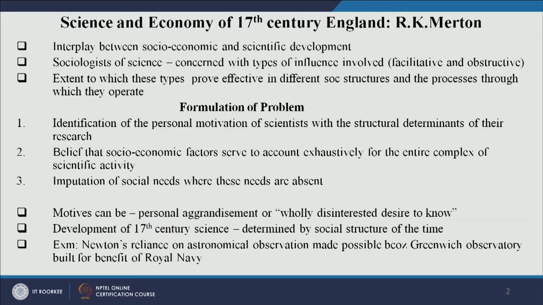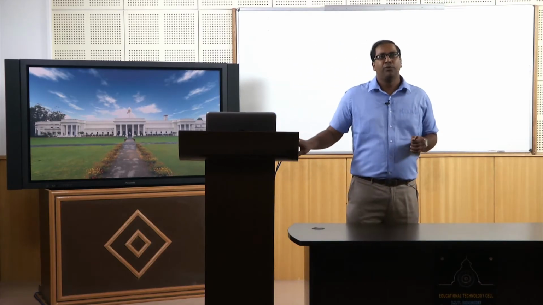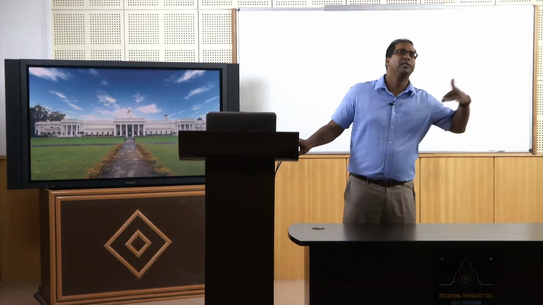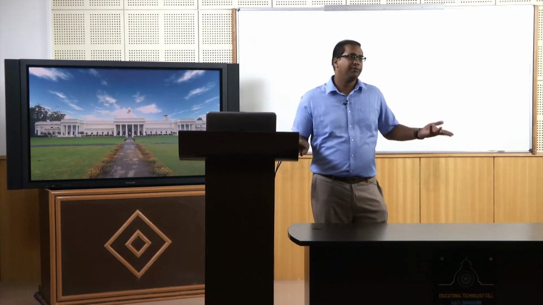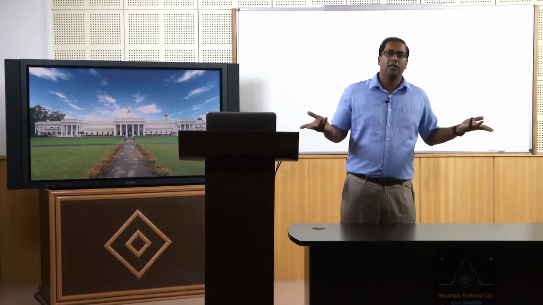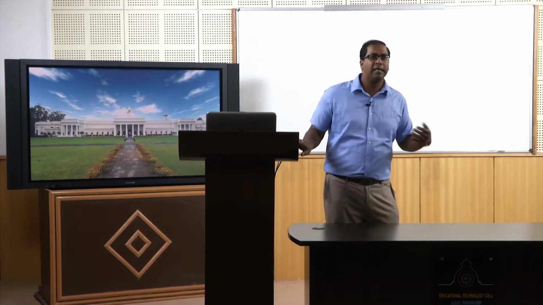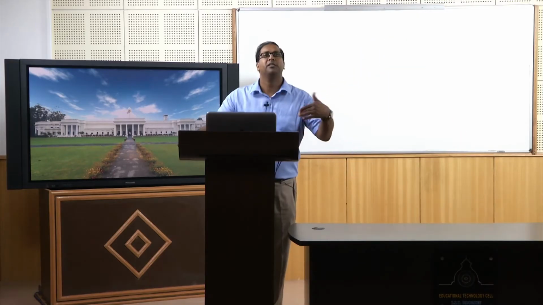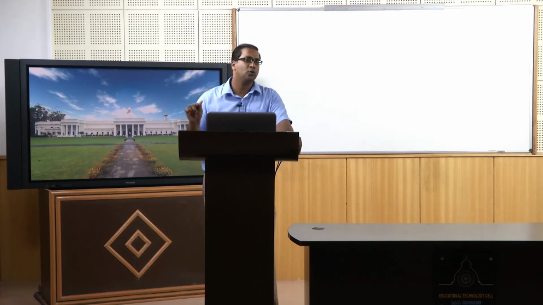In other words, we make an argument, we claim that there are certain social needs which lead to scientific activity, but that may not be so, right? The scientific activity may have happened because of serendipity, because of personal interest, because of changes in time, right? So, which of these arguments should hold? We will look at it at the end of this discussion.